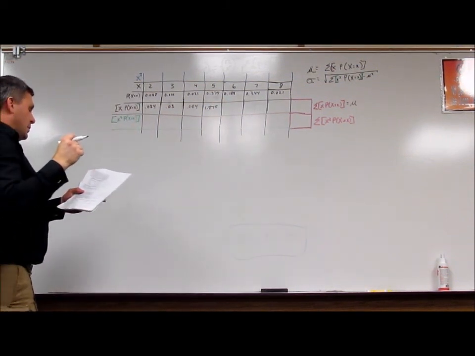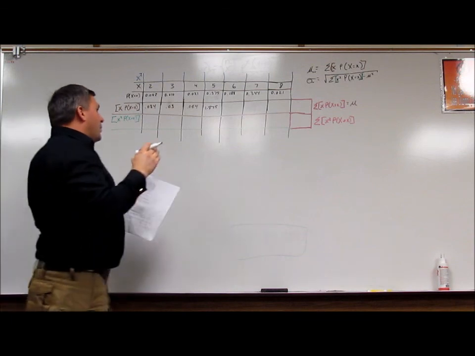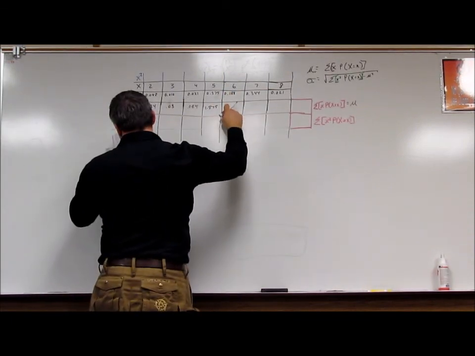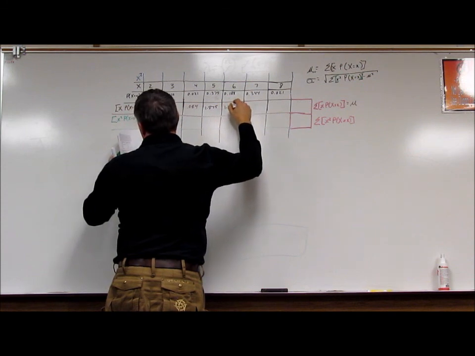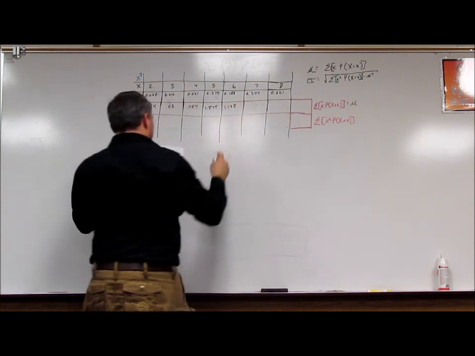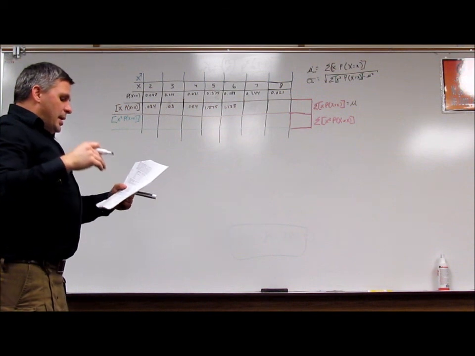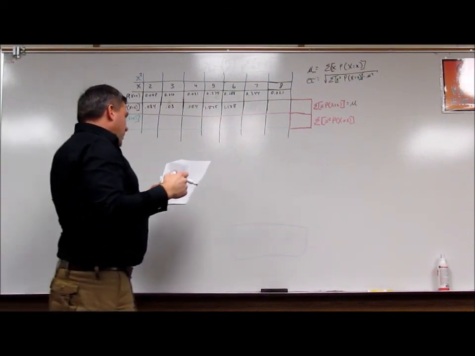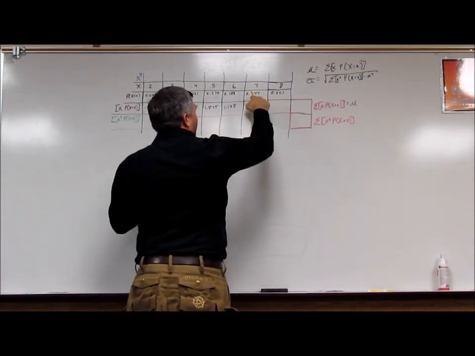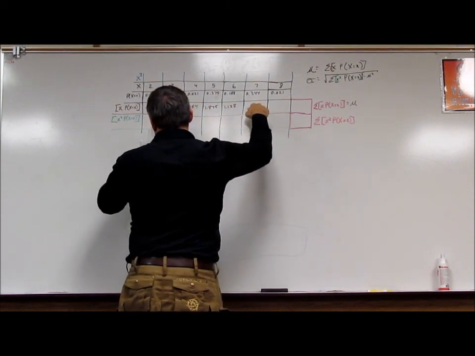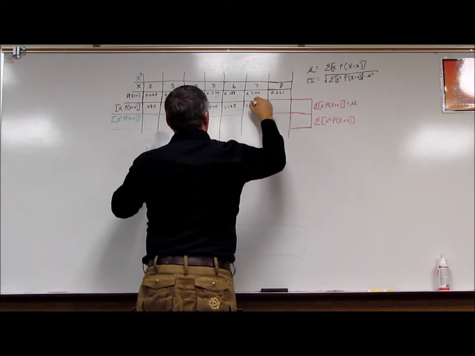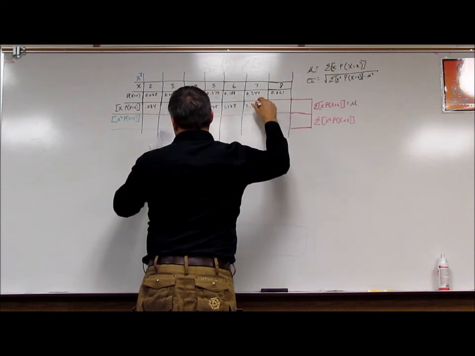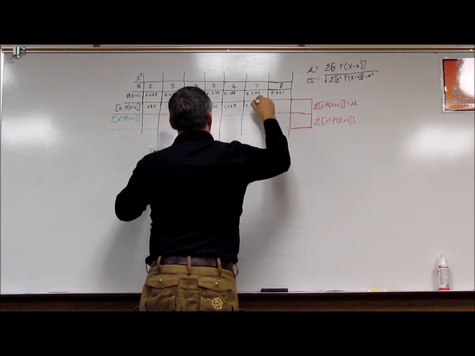And then 6 times 0.188 is going to give me 1.128. And 7 times 0.344 is going to give me 2.408.